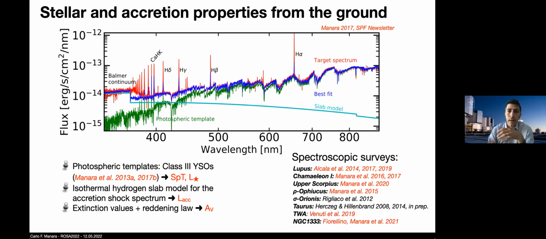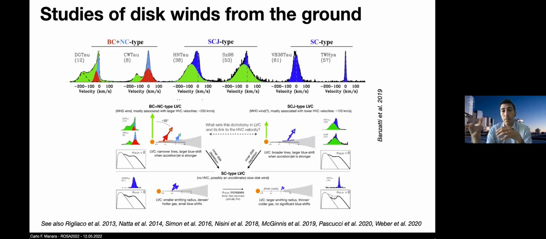And at the same time, people have been using mainly ground-based spectra to study at very high resolution the emission lines from winds that trace the properties of the winds in the inner part of the disk.